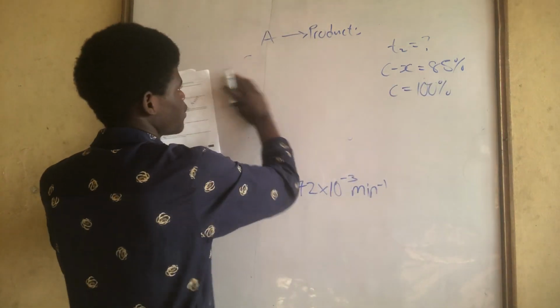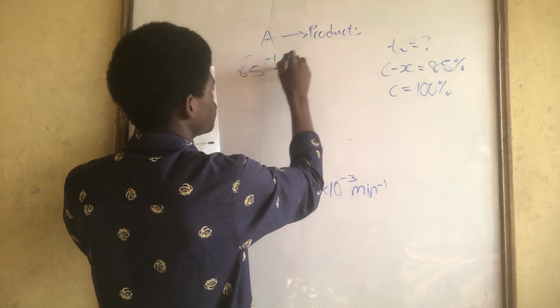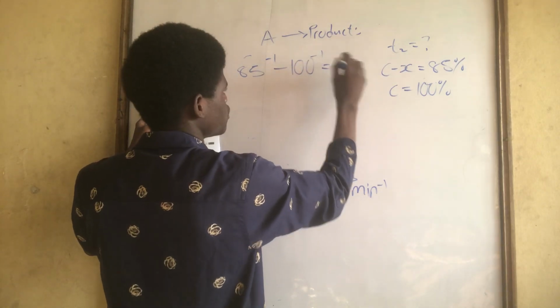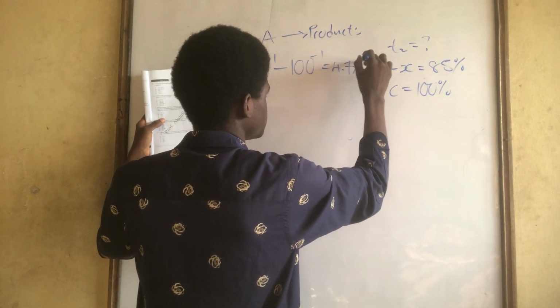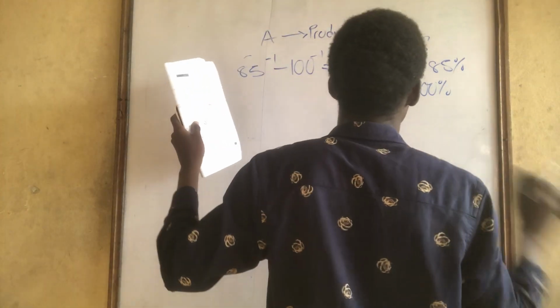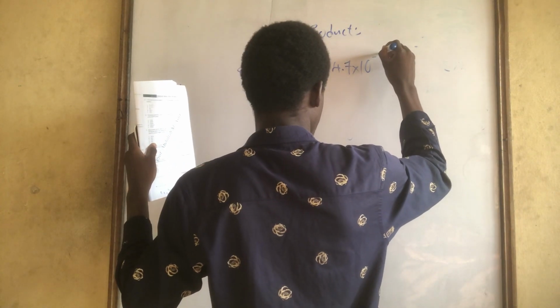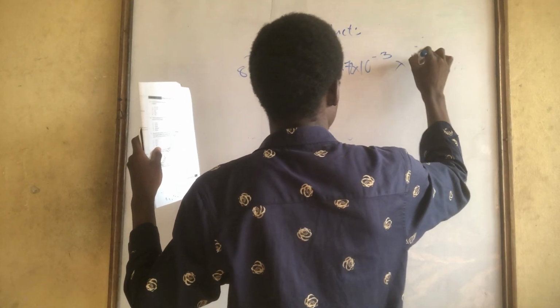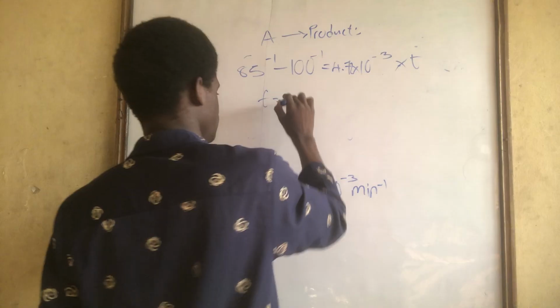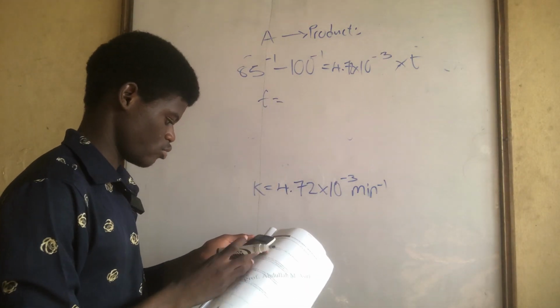Now we see 50 raised to minus 1 minus 100 raised to minus 1 equals K, this is our K, 4.72 times 10 raised to minus 3, times time. Let's just look for time directly. That'll be 50 raised to minus 1 minus 100 raised to minus 1.